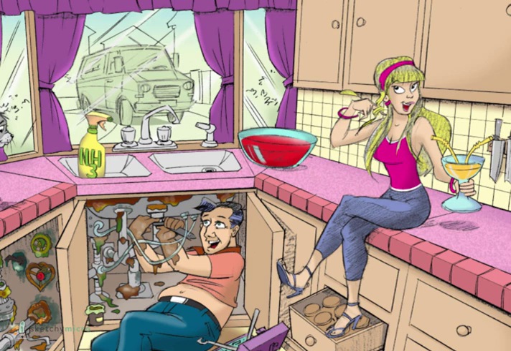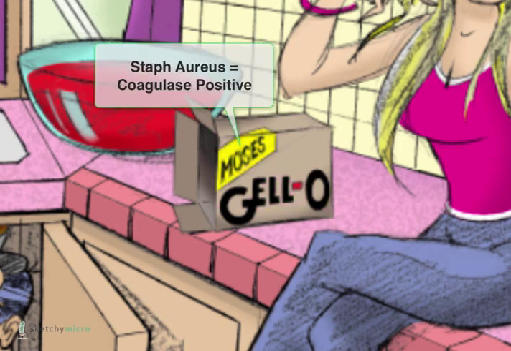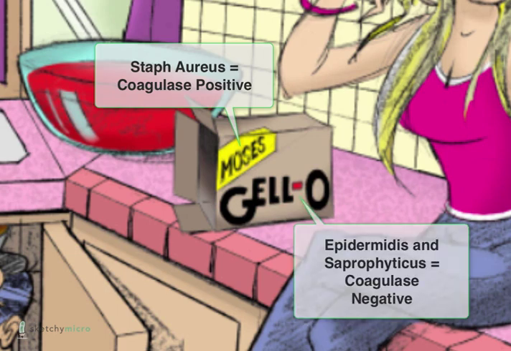It doesn't look coagulated at all. Remember how in Staph aureus the Red Sea was coagulated? To make sure you get the comparison between the coag-negative here and coag-positive Staph aureus, we've added this little subtlety. Notice the Jell-O brand is Moses' Jell-O. This will help you make the connection that coag-negative separates it from Staph aureus. We also made the hyphen red, so it looks like a negative symbol.